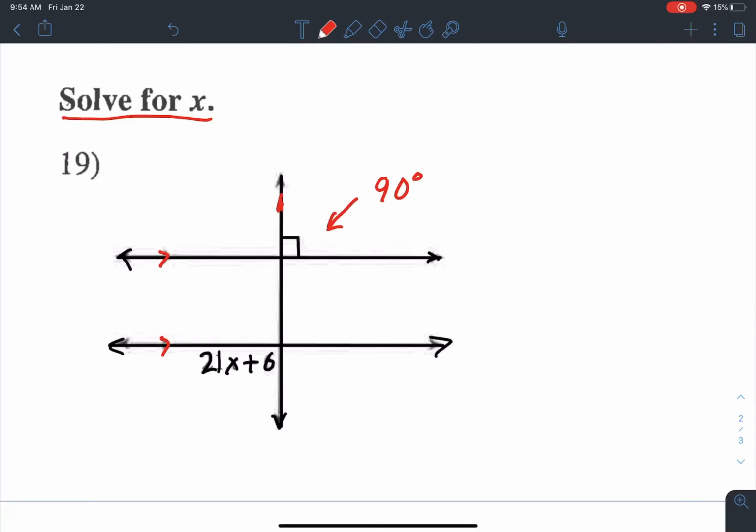If we're looking at the parallel lines, they are on the exterior of the parallel lines, and they are on alternating sides of the transversal. So that means that these are alternating exterior angles.